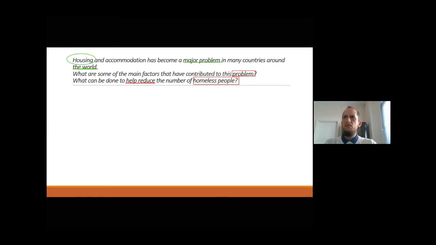So what causes a shortage of housing? What are some of the factors? Okay, so we've got high costs. We've got overcrowding. What are some of the other problems?